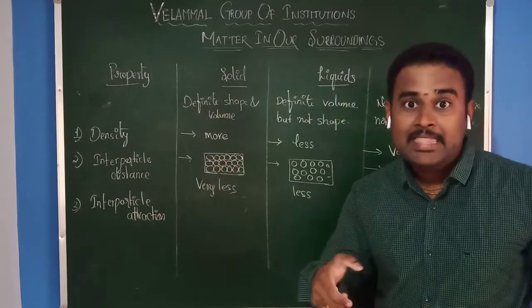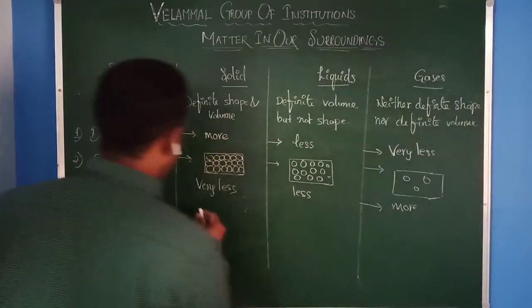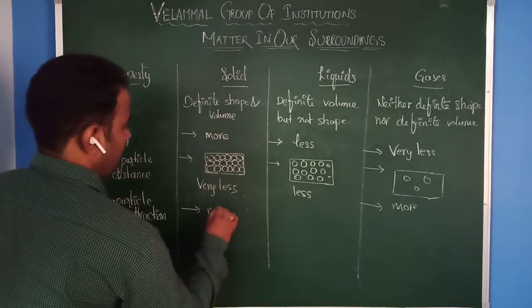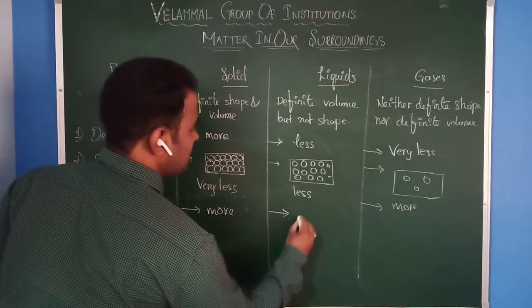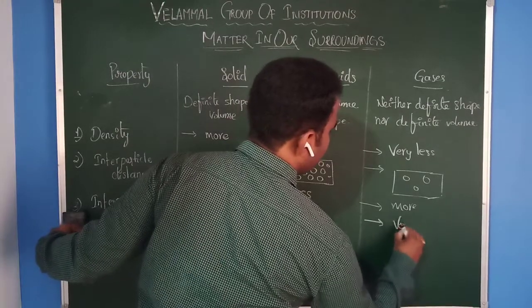That means the attraction force between the particles is more in the case of solids. But in the case of liquids, it is less. And in the case of gases, it is very less.